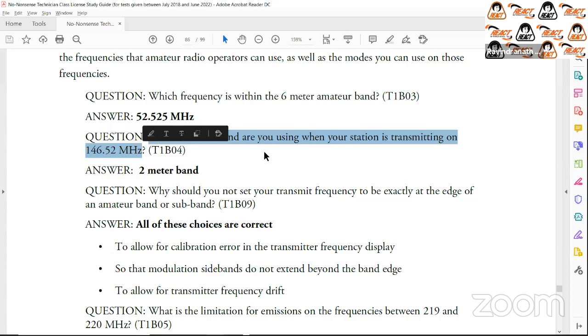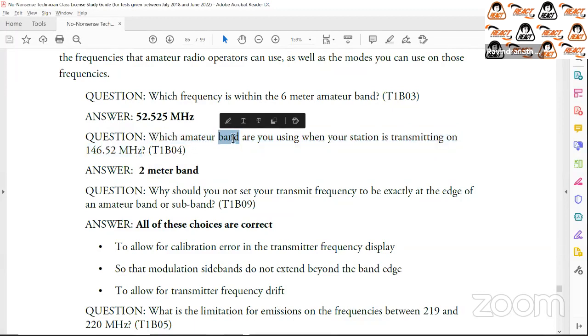Similar question: which amateur band are you using when your station is transmitting on the frequency of 146.52 megahertz? What band is that? If you recall, the 2 meter band is between 144 and 148 megahertz.